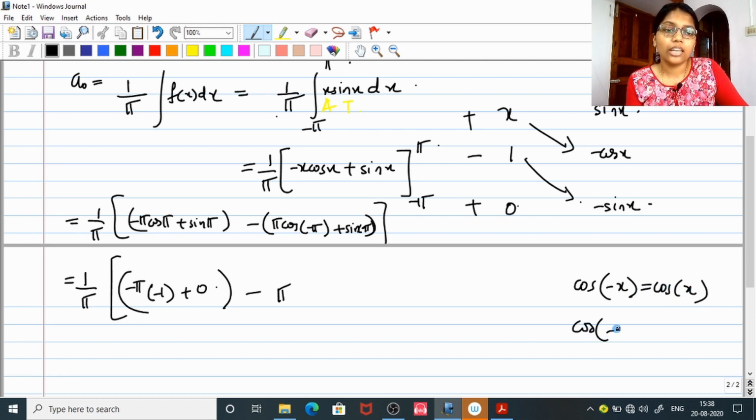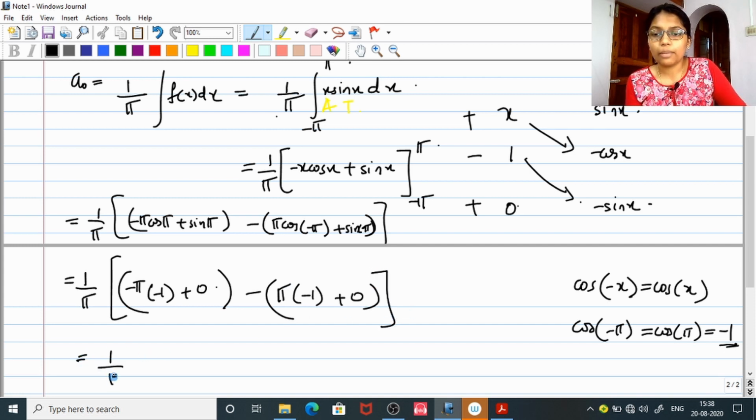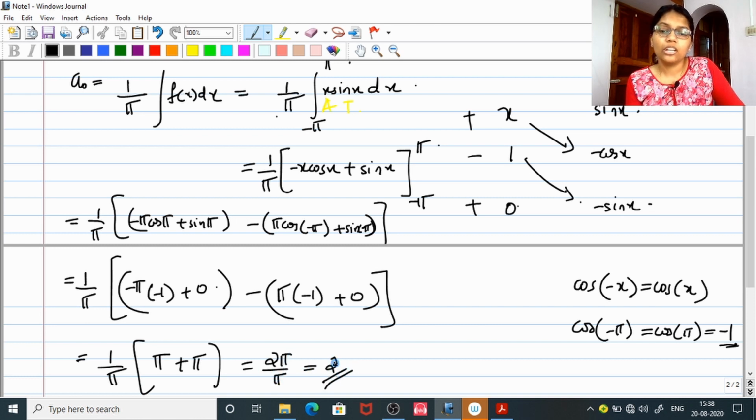So cos negative pi is cos pi itself, which is negative 1 again. So it is pi into negative 1 plus 0. So 1 by pi, negative pi into negative 1 is pi, and here also negative pi into negative 1 is positive pi. So the answer is 2 pi divided by pi, which is simply 2. So this is the value for a0.